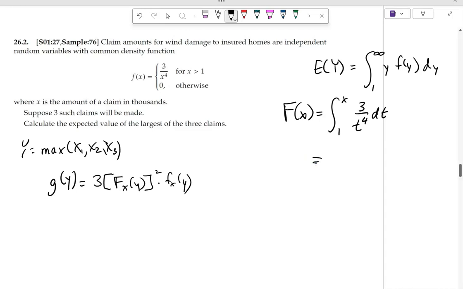Antiderivative for 3 over t to the 4th, or 3t to the negative 4. Good, that's exactly right. Negative 1 over t cubed, right? When you're done, then you'll get 1 minus 1 over x cubed.